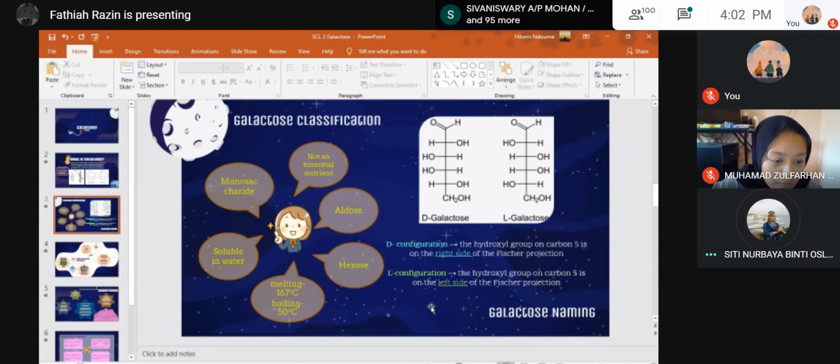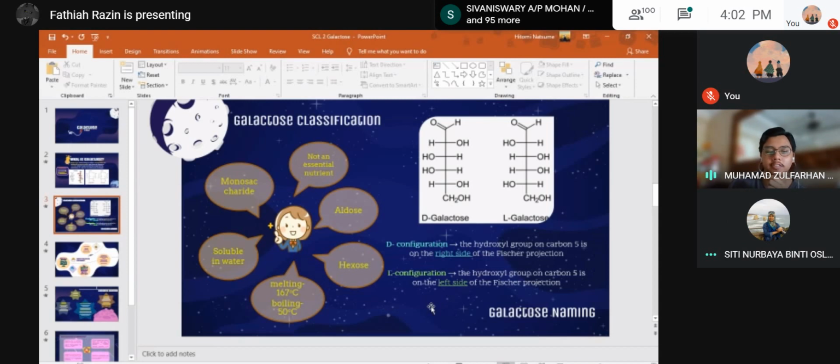So now we continue to the classification of galactose. First, galactose is a monosaccharide, as we all know. Next, galactose is not an essential nutrient, which means that we do not need galactose from food to be healthy, because galactose can be synthesized in the human body from glucose.